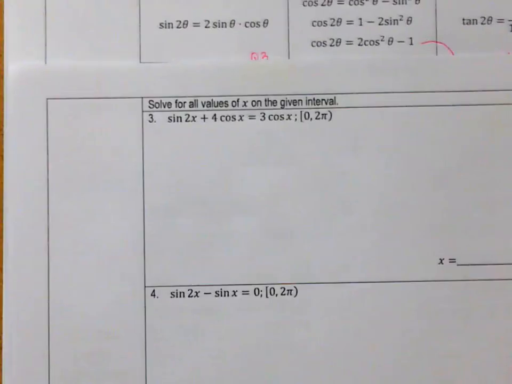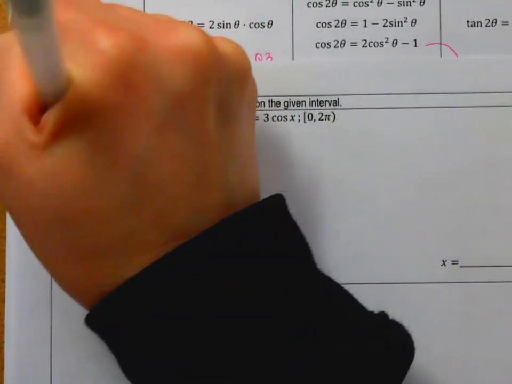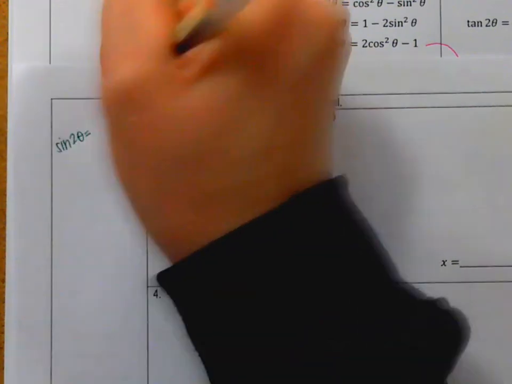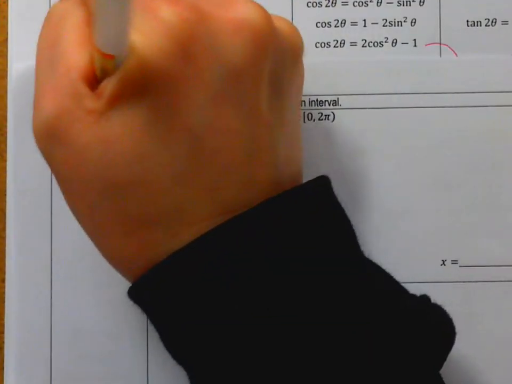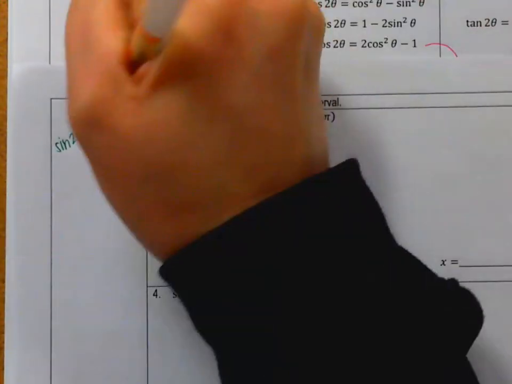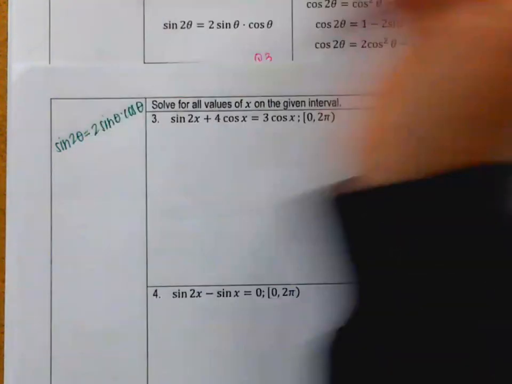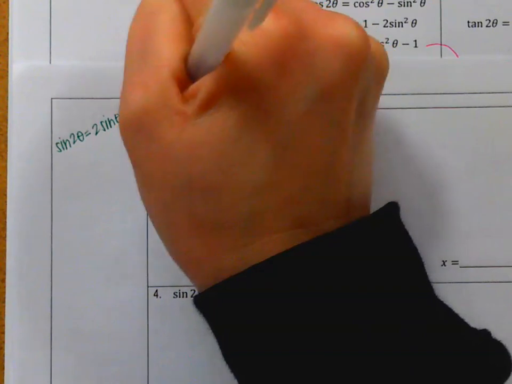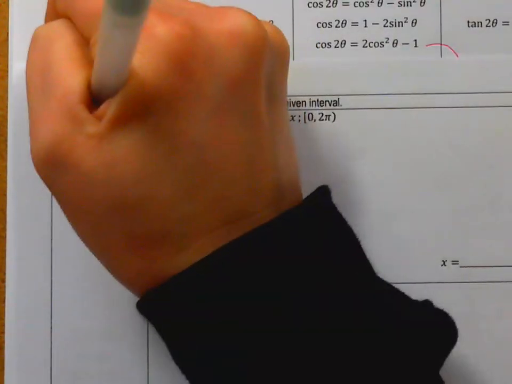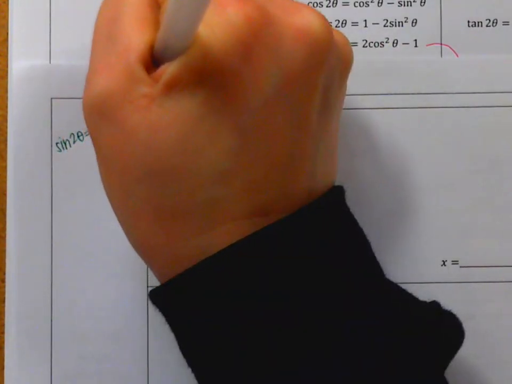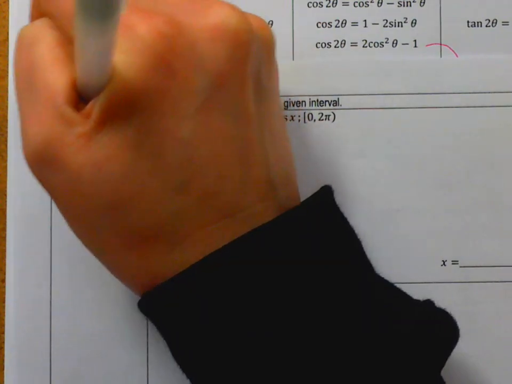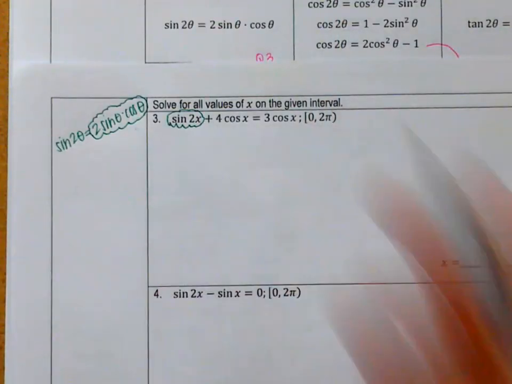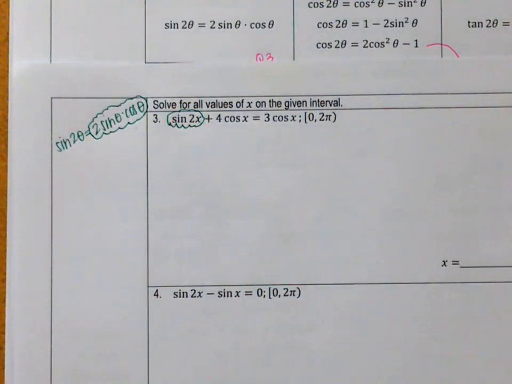So I am going to use the formula sine of 2 theta equals 2 sine theta times cosine theta. And so I'm going to replace this with this whole thing because I want those singular trig functions, not the like 2, because we don't have that on our unit circle.